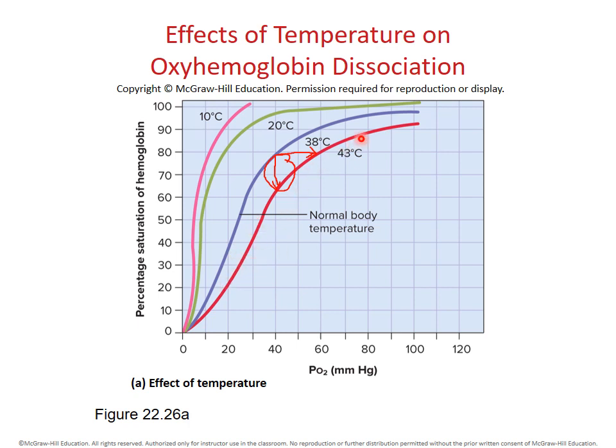So it's very beneficial for the curve to be shifted down under higher temperature conditions to support higher metabolism. One thing we want to remember here is that a downshift in the curve always means that the affinity of hemoglobin for oxygen is being reduced, and hemoglobin is going to release more of its oxygen under those conditions.